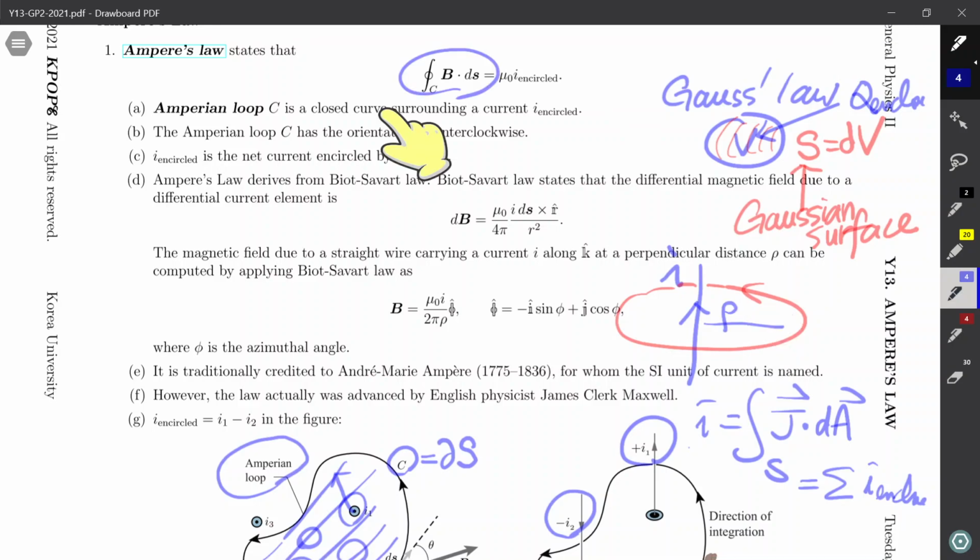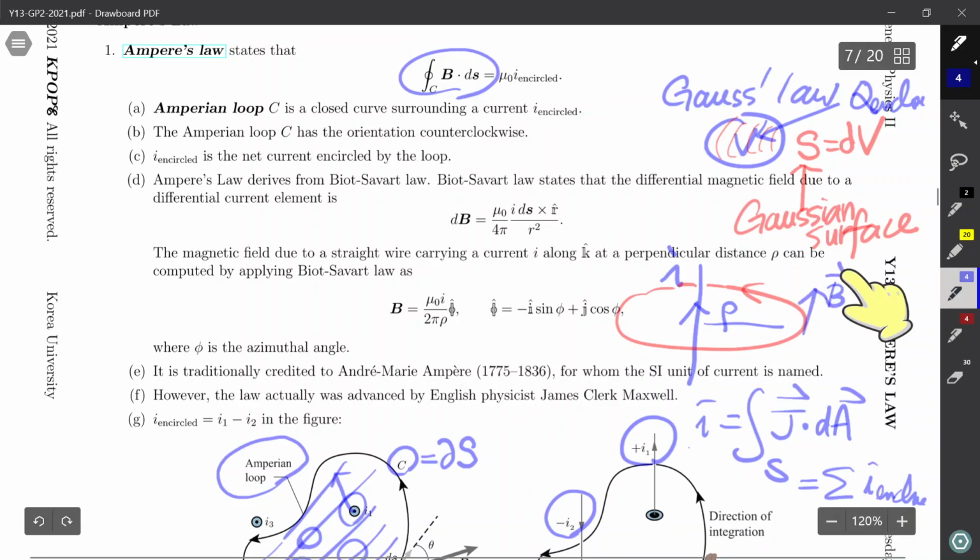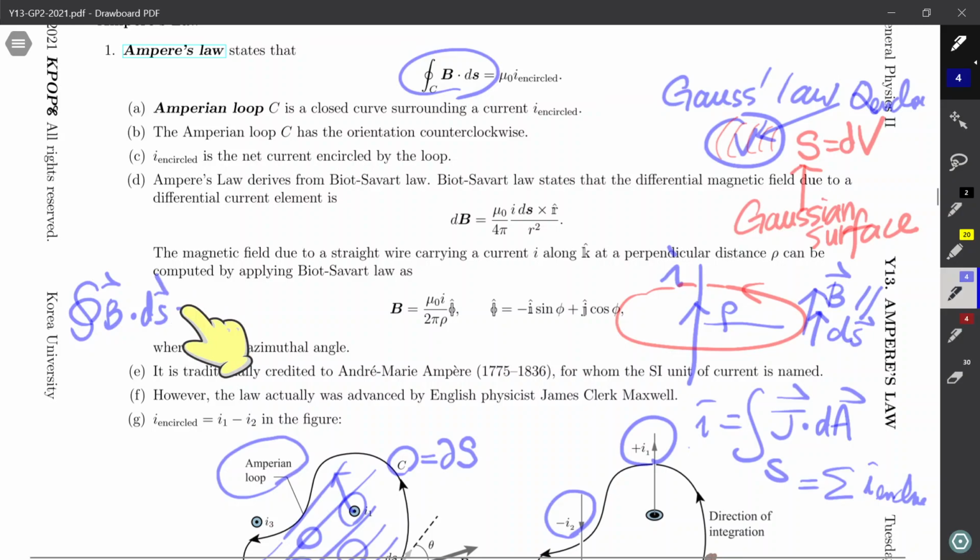Magnetic field B and this curved element are parallel. So B dot ds should be B times 2 pi rho, and that is mu 0 multiplied by the current.